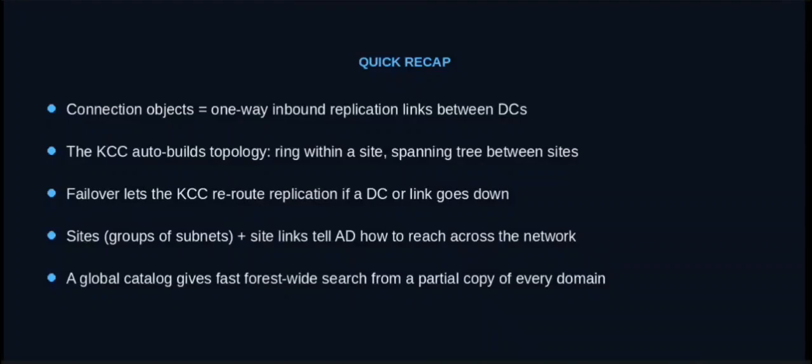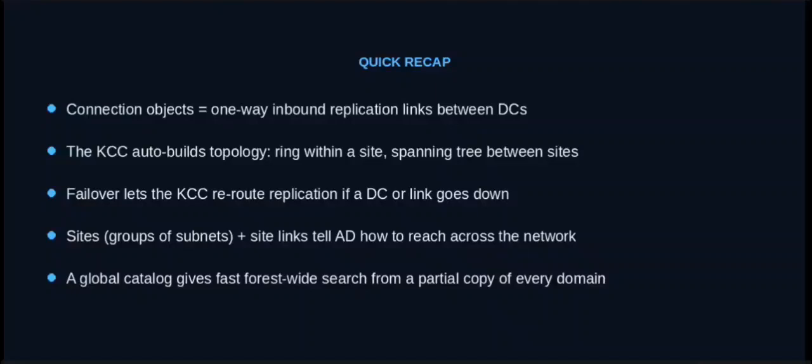Okay, so now let's quickly review what we have learned today. Active Directory uses multi-master replication, meaning every writable domain controller can accept changes. A connection object defines a one-way inbound replication path. The Knowledge Consistency Checker, or KCC, automatically creates and manages the replication topology.